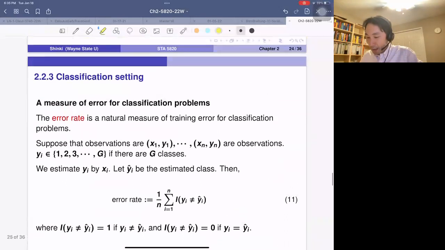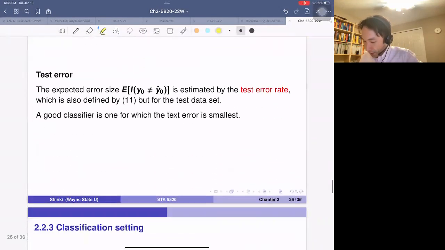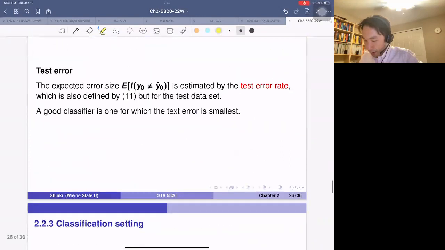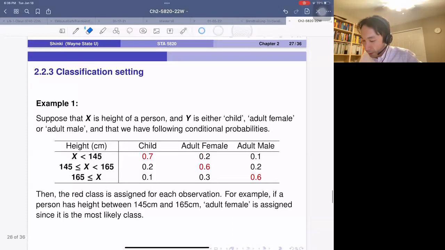Okay, so this is the regression analysis, and the next topic is what happens if it's a classification problem. Maybe we start with an example. A classification problem looks like this.